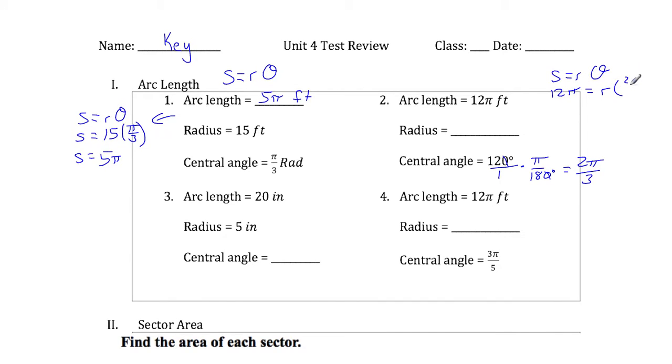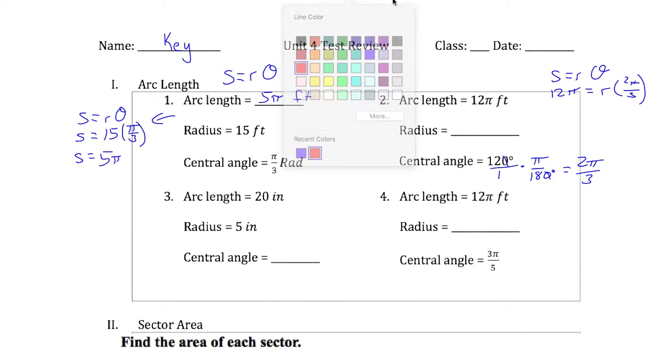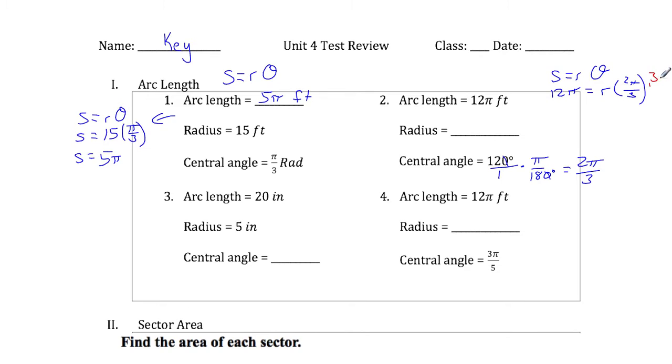So we know that this arc length 12 pi is equal to R times 2 pi over 3. What we can do is multiply by the reciprocal, 3 over 2 pi.